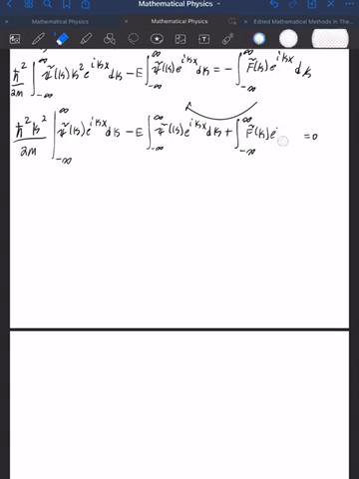So let me rewrite that. e to the I kx dk is equal to 0. So all we did is move over the integral for f of x, which is this one here, to the left-hand side. Now notice that all of the integrals have the same bounds. We're integrating with respect to the same variable k.